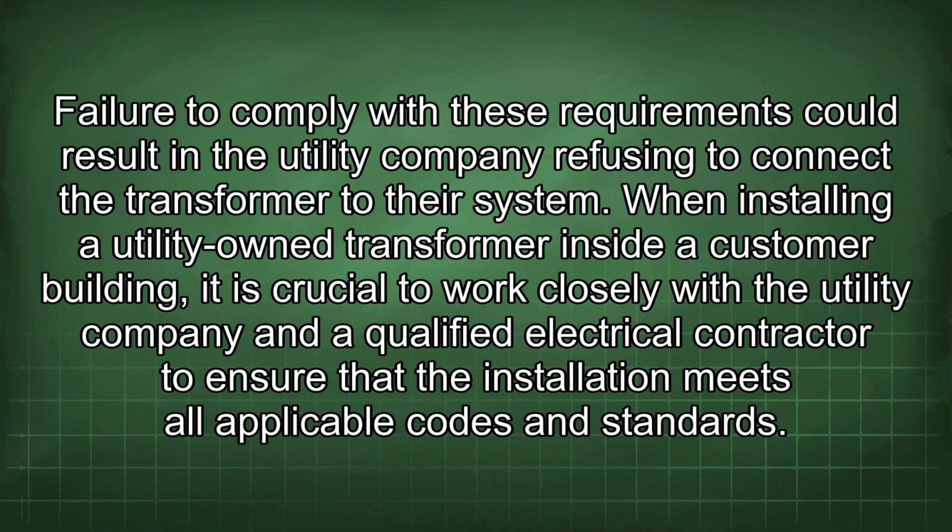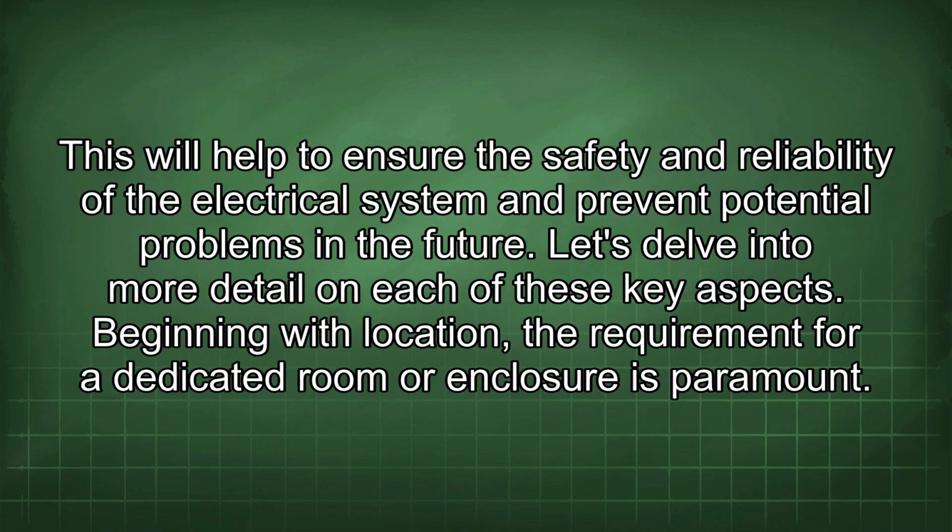When installing a utility-owned transformer inside a customer building, it is crucial to work closely with the utility company and a qualified electrical contractor to ensure that the installation meets all applicable codes and standards. This will help to ensure the safety and reliability of the electrical system and prevent potential problems in the future.